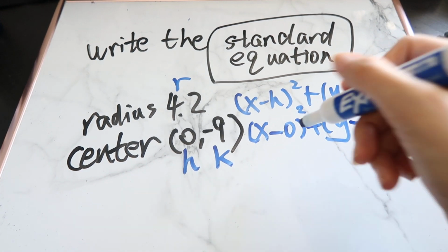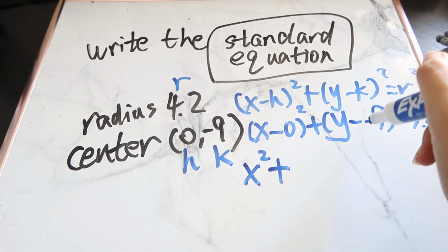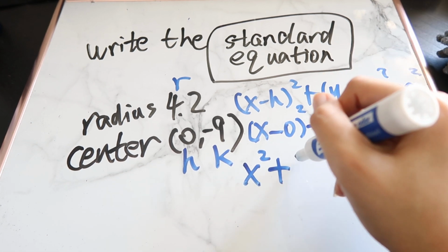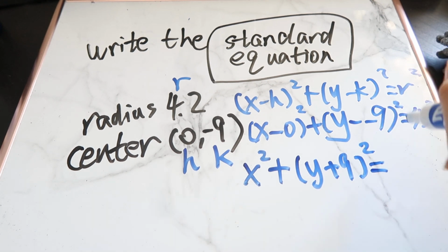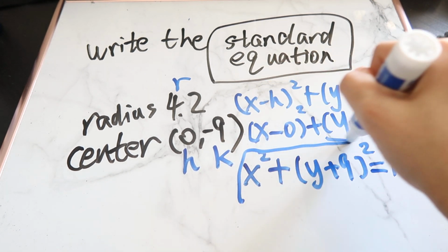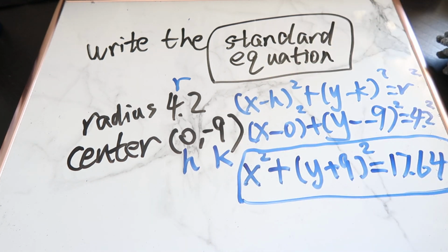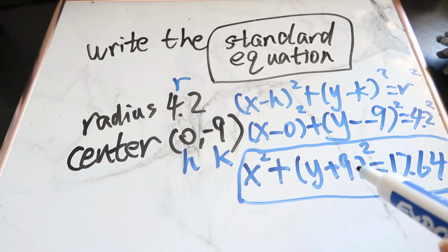To simplify it, this part just becomes x squared. The second part, because it's minus minus, becomes (y plus 9) squared, and then it equals 17.64. And that's it. Whenever it's asking you to write the equation, you just plug it in and figure out the equation with your x and y in there.